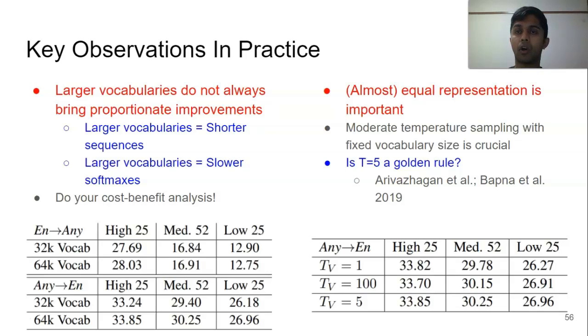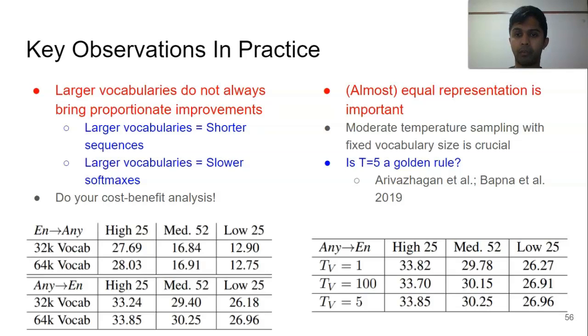Next, previously I talked about temperature-based vocabulary sampling. There has been work by Bapna et al. and others where they showed that using moderate temperature sampling helps ensure fair representation for most languages.